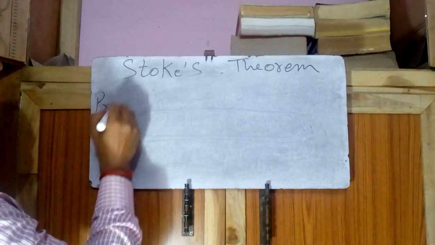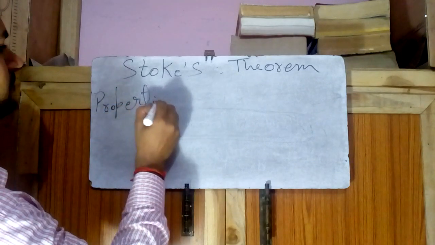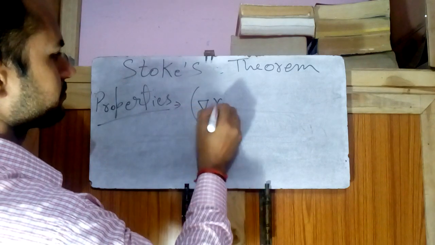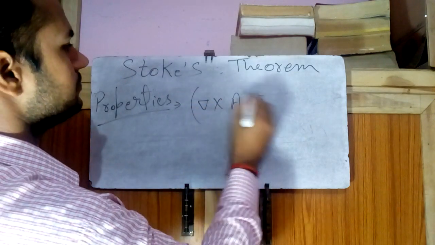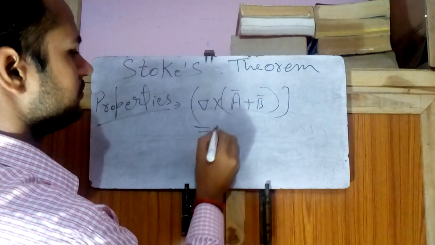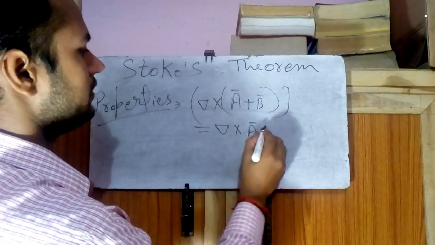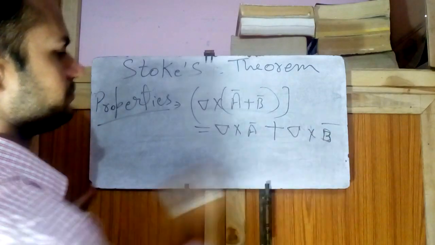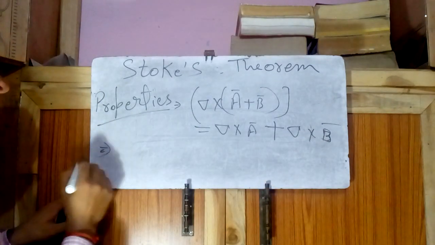Properties. If two vectors are added, then the curl will be the individual curls of both, right? Addition of the individual curls.